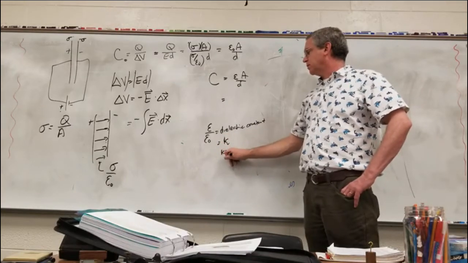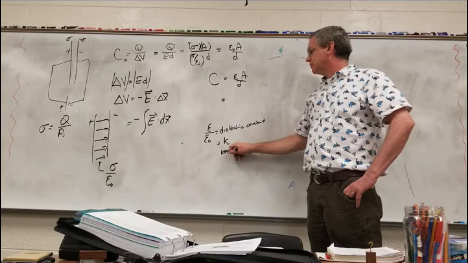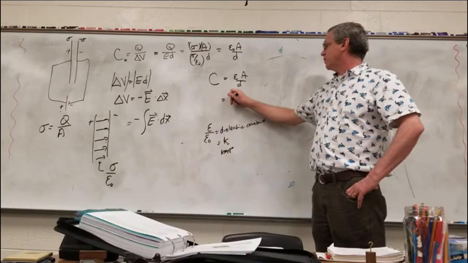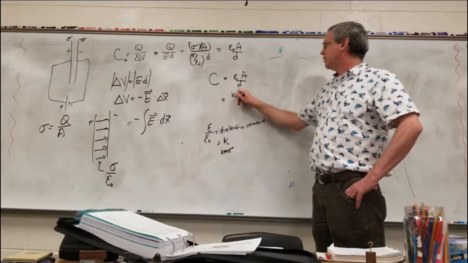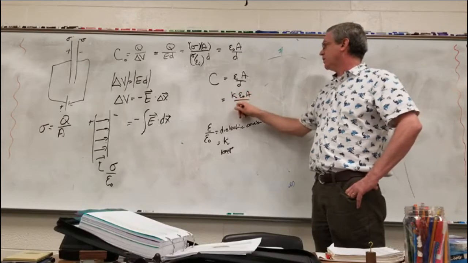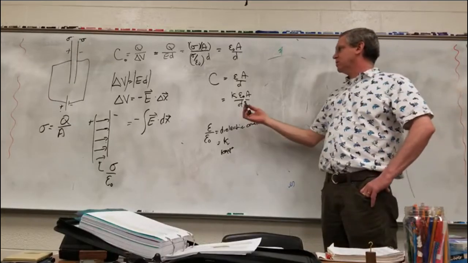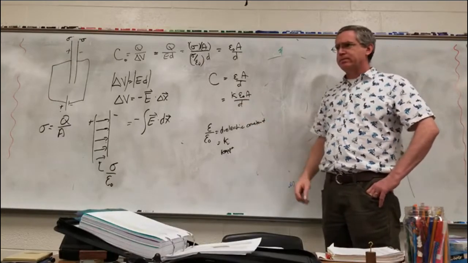This is a kappa, not a K. And so in that case, this would be kappa epsilon sub naught A over d. So the lab you're doing in 2 weeks, you're basically solving for kappa.